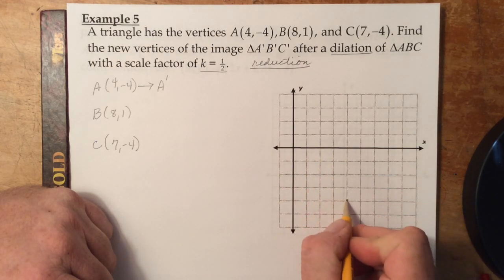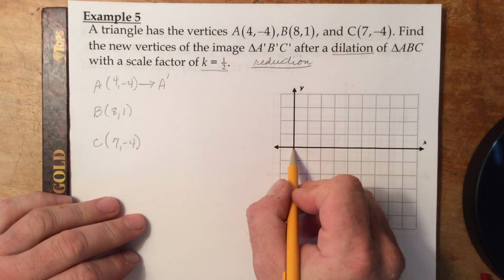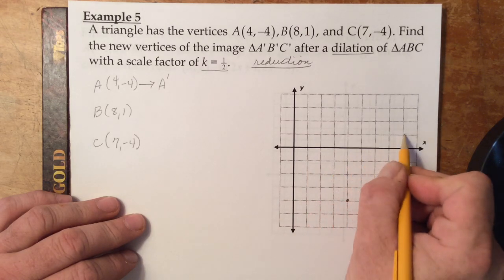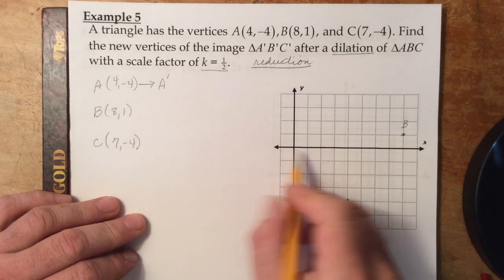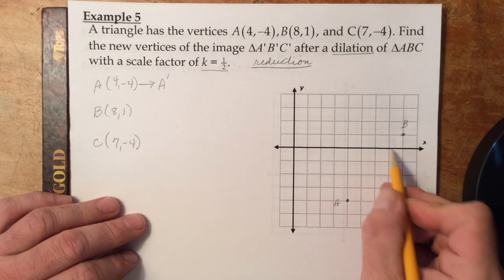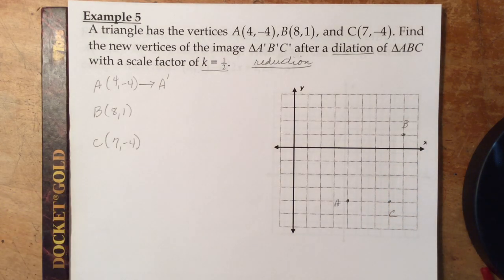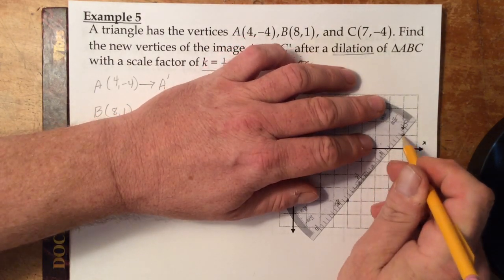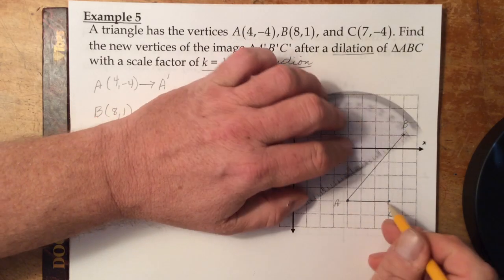B is at (8, 1): 1, 2, 3, 4, 5, 6, 7, 8, up 1. So there's A, there's B. C is at (7, -4): 1, 2, 3, 4, 5, 6, 7, down 4. There's C. Take a straight edge, connect the vertices, and you have yourself a slightly obtuse triangle here.